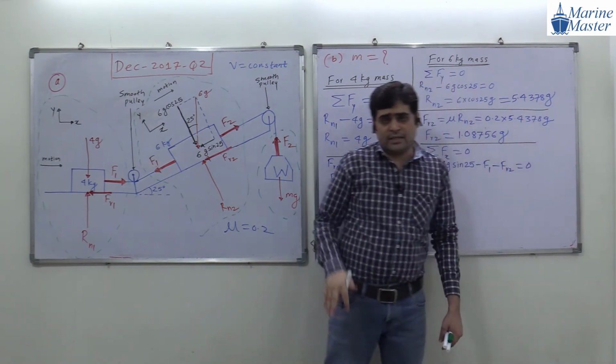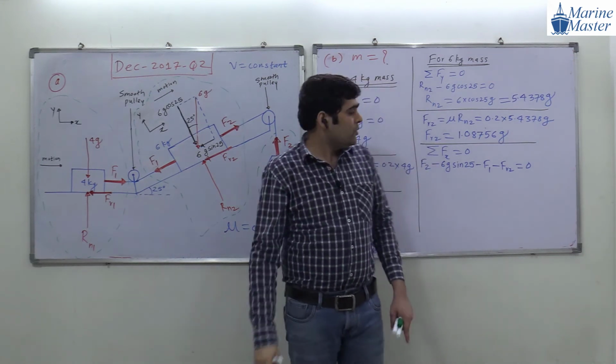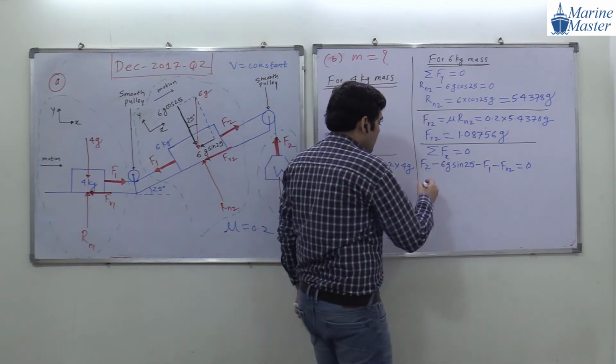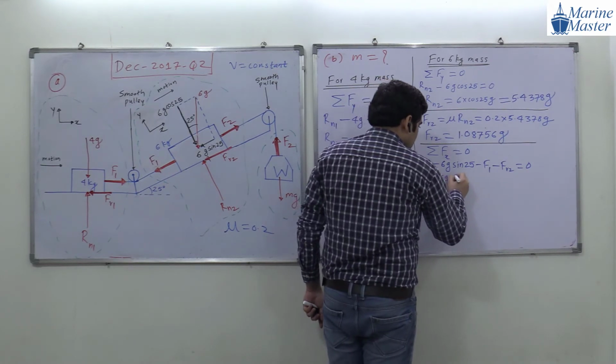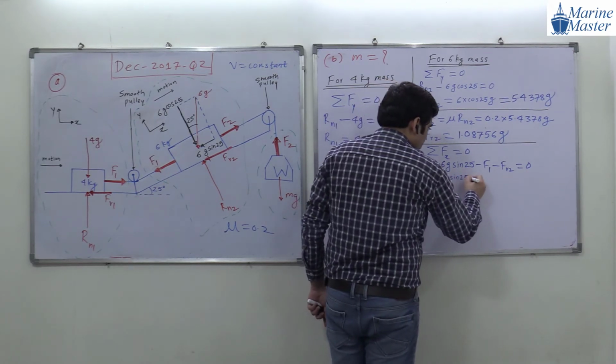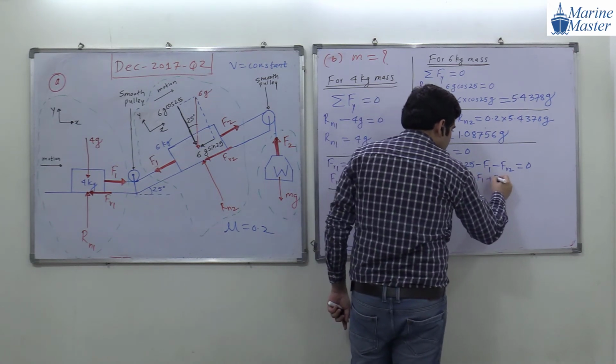So always, guys, please be attentive. Always try to look at the drawing carefully. So F2 will be equal to 6g sin 25 plus F1 plus FR2.